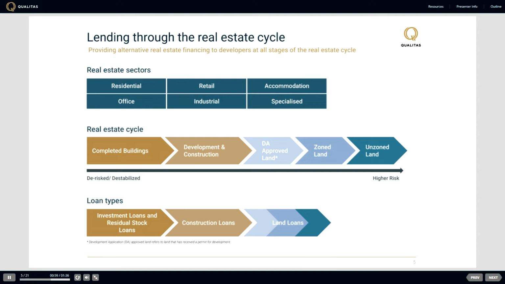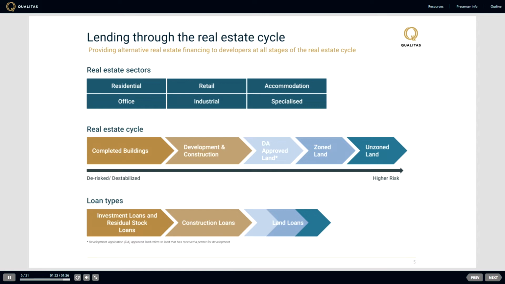Construction loans are used to finance property development and construction costs. Investment loans are used to finance completed buildings that can be occupied or generate income from tenancy. This also includes residual stock loans, which are secured against completed, unsold stock from construction projects.